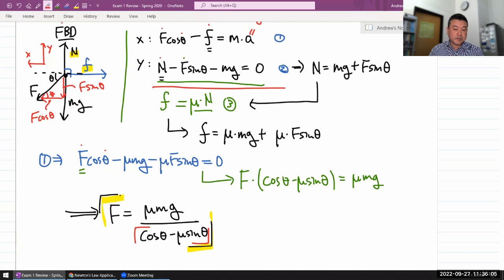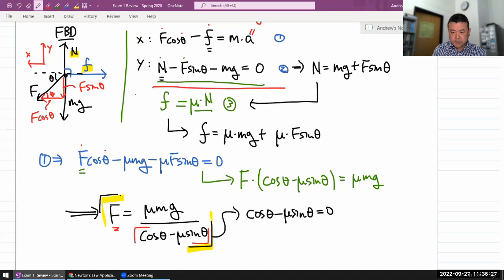If this quantity is going to 0, that's going to make the requirement on this F go to infinity. So let's see if we can make this denominator go to 0: cosine theta minus mu sine theta equal to 0. Hey, I think I can.